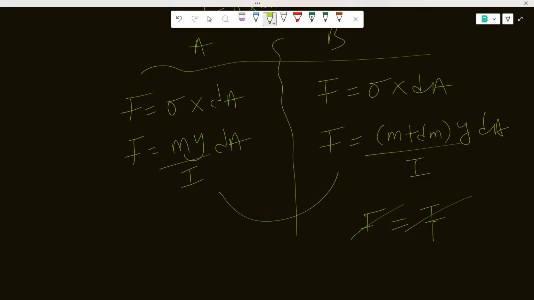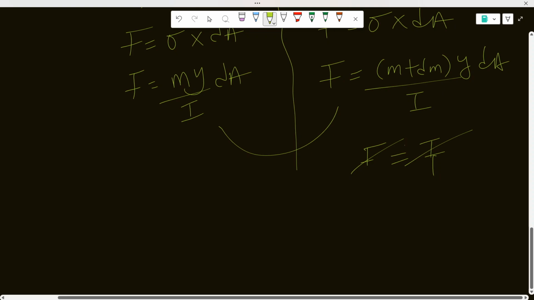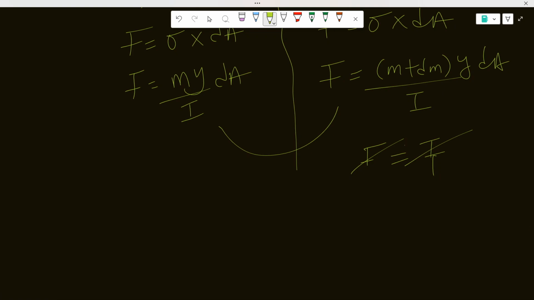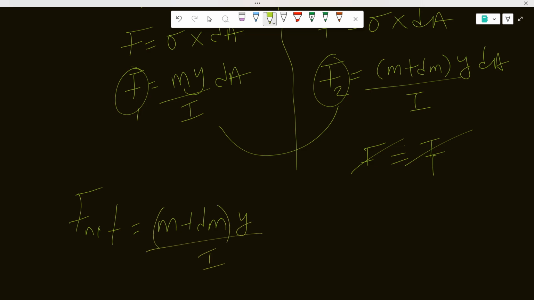So let's calculate that amount of force that would want to slide the layers apart. Of course, the magnitude of force that would want to slide the layers apart will be the difference between this force and this force. So this is F2 minus F1. So that net force, F net, will be equal to (M plus dM) y over I dA minus My over I dA.